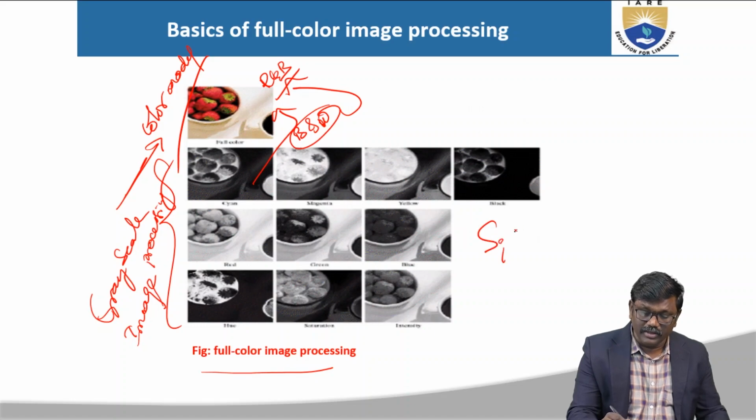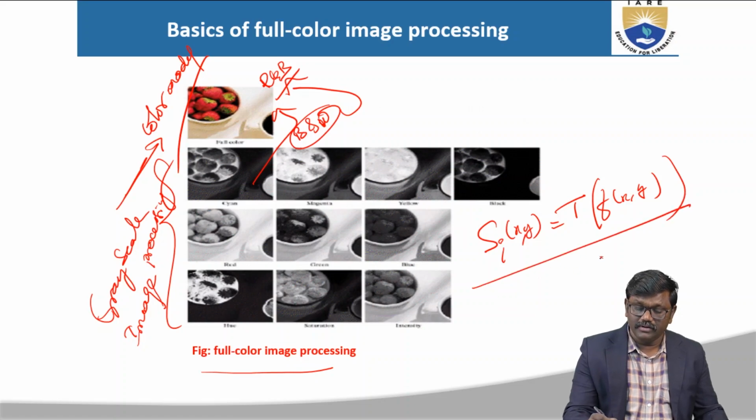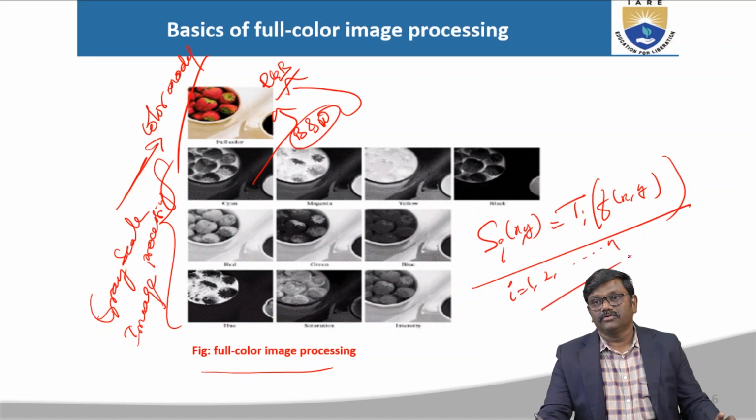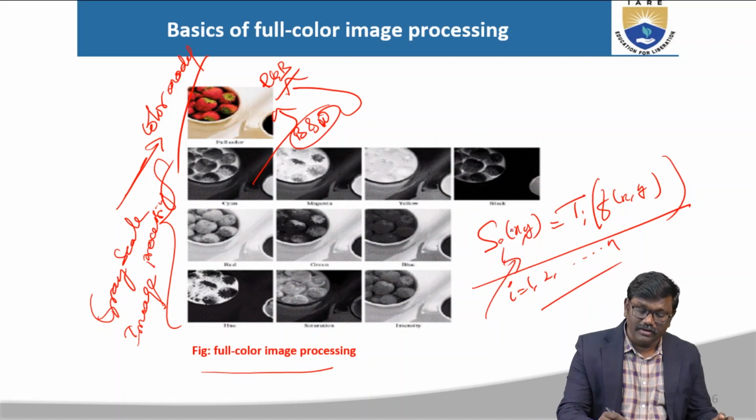Si of x comma y of the image is equal to the transformation Ti of f of x comma y, where i changes from 1 to n values of the pixel intensity. Those values vary for transforming into your color transform.